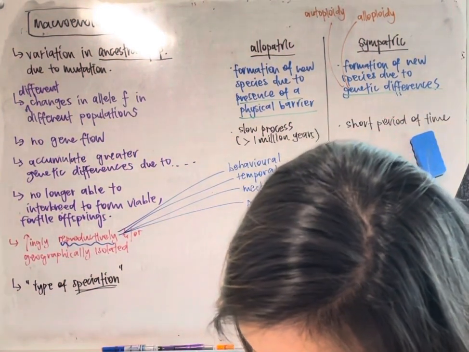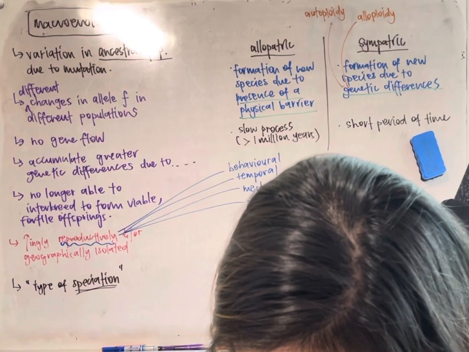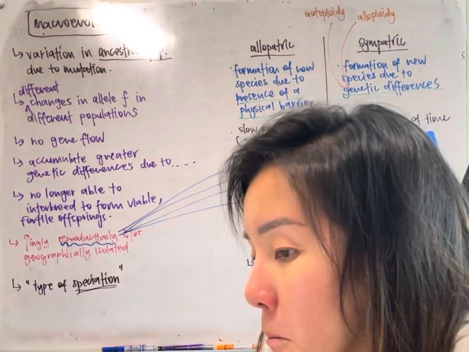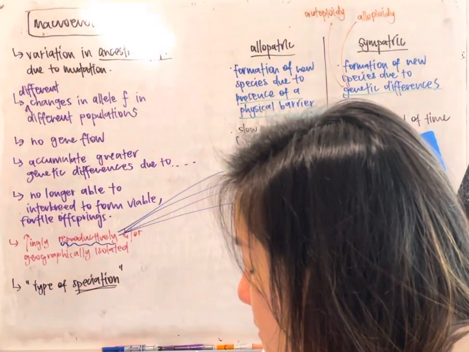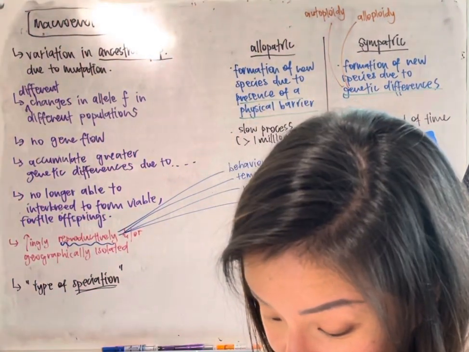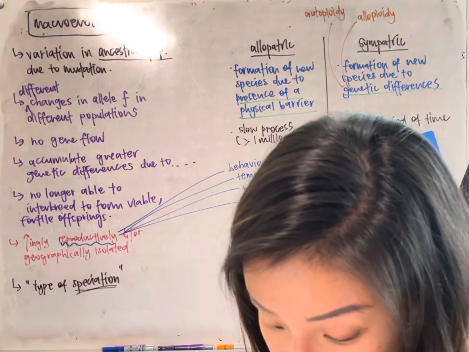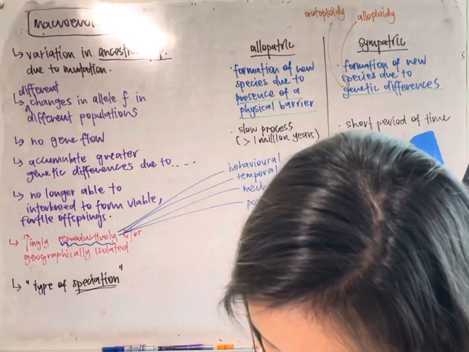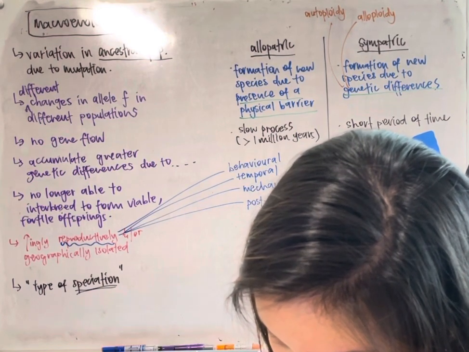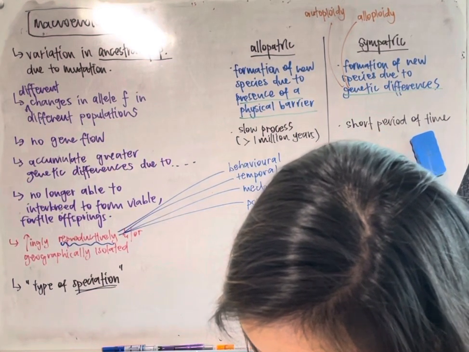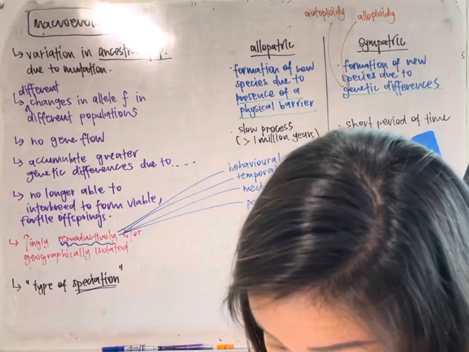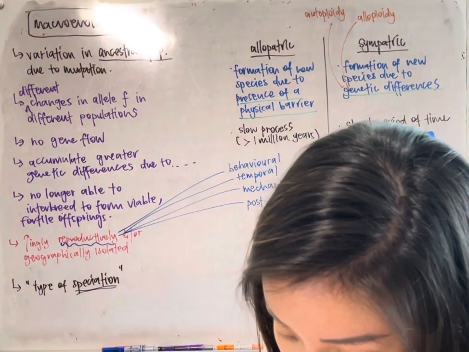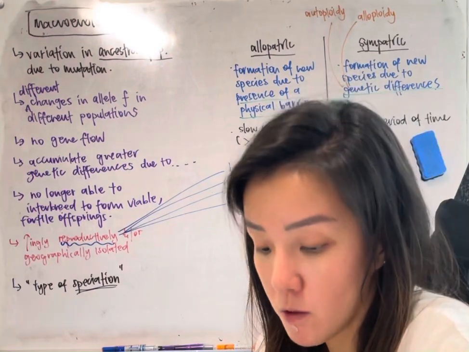So you mentioned there's accumulated greater genetic variation. Fine, I can accept. So no longer able to interbreed to produce viable fertile offspring. 3, 4, 5. I can still give you the maximum mark. It's just a bit wonky.